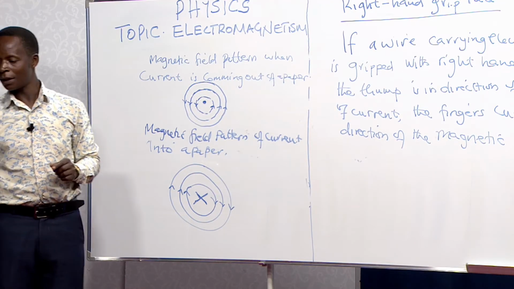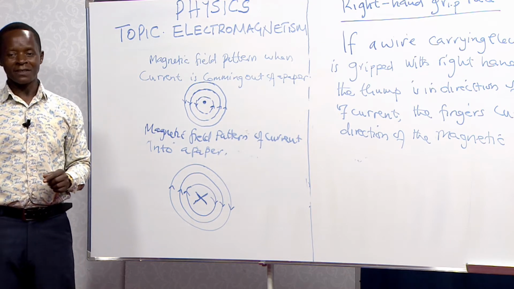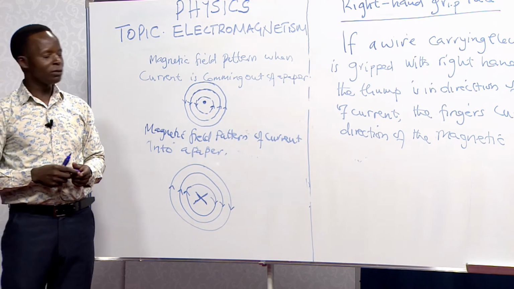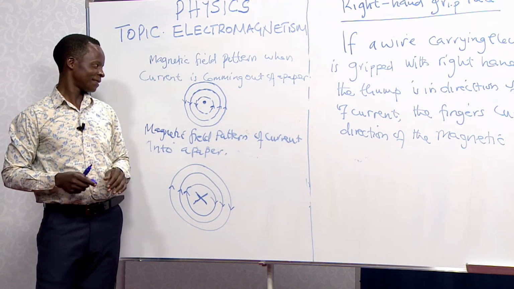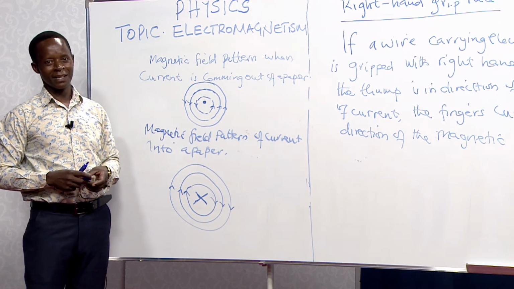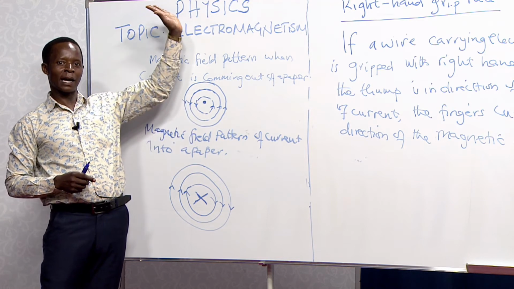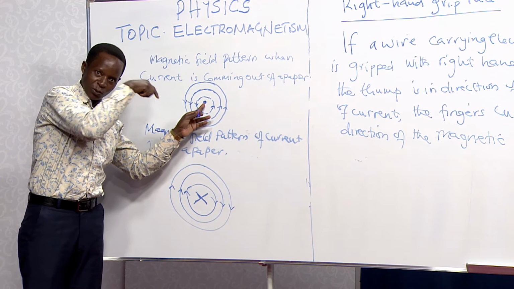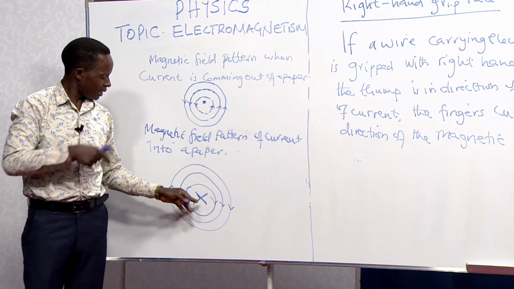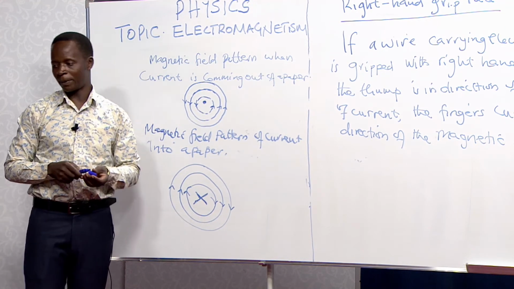Is that okay? So far we have drawn three magnetic fields. The other one was the wire with current upwards in the wire. Now this one, current coming out. Then this is current into the paper.